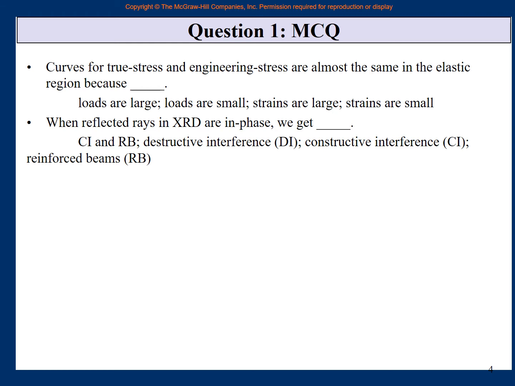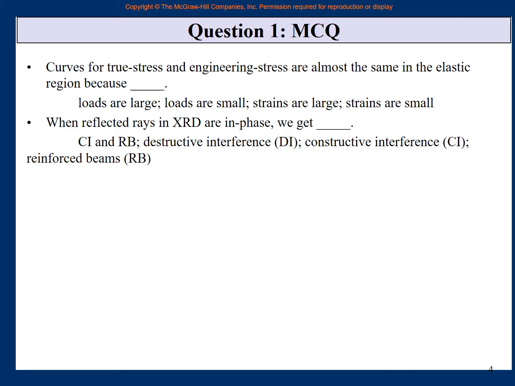When reflected rays in XRD are in phase, we get what? Destructive interference, constructive interference, reinforced beams. They are in phase, so it is not destructive, it is constructive. But for constructive interference, there is another name called reinforced beams. The two beams are reinforced by each other. So the answer is constructive interference and reinforced beams, because they both mean that the light will be seen now because a strong light beam is there.